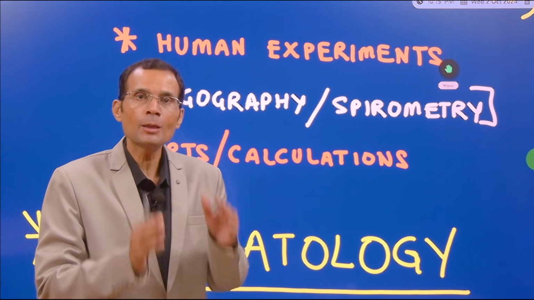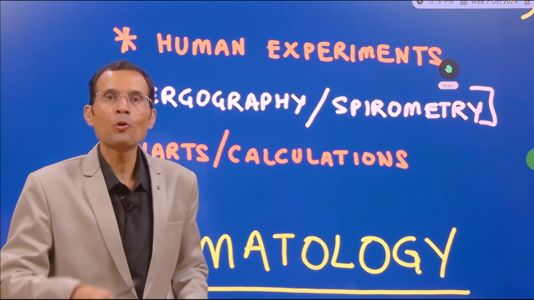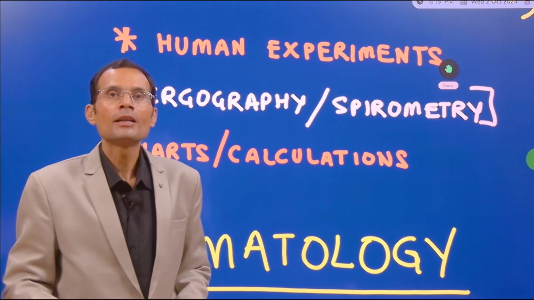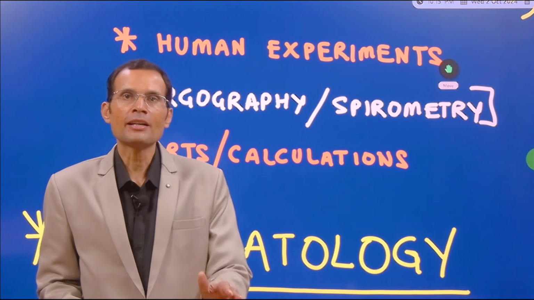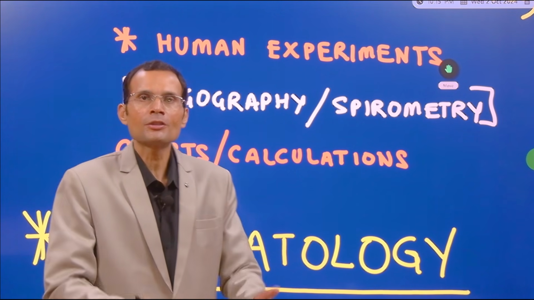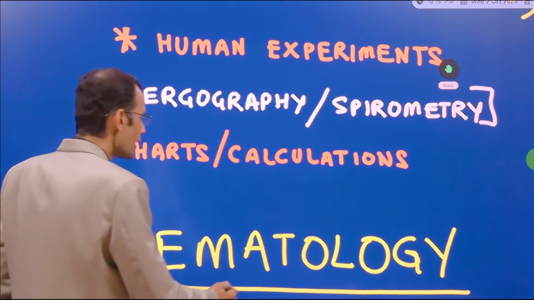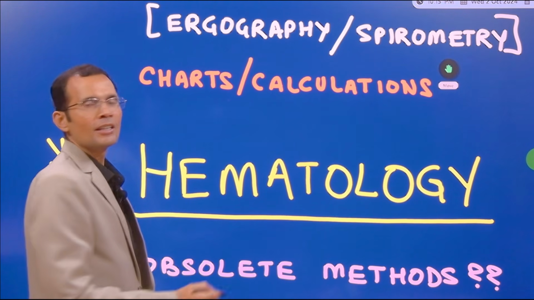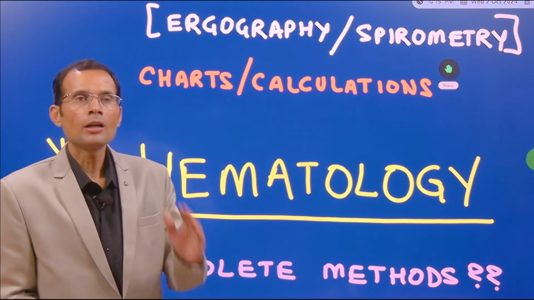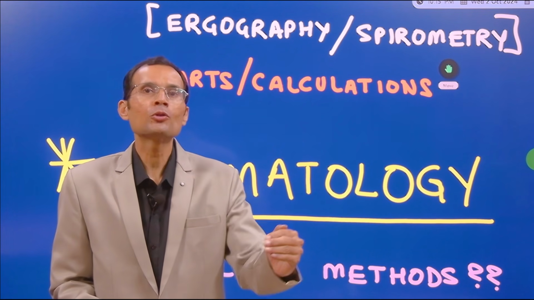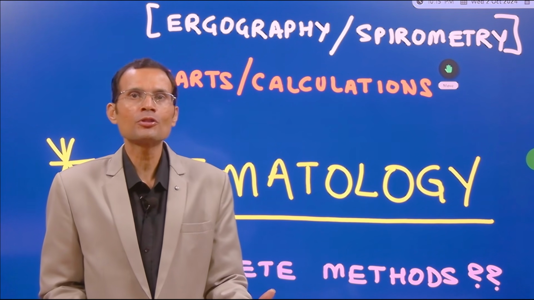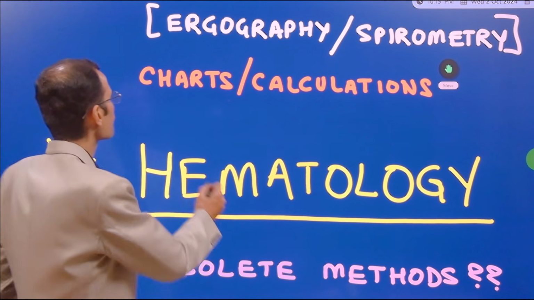So you will be learning the principles. If you take up sports medicine as a branch later on, these principles will be handy. You will be well versed with these principles and you can apply them. So that's why human experiments will be interesting. So be attentive, learn those things and actually perform them during the practical.